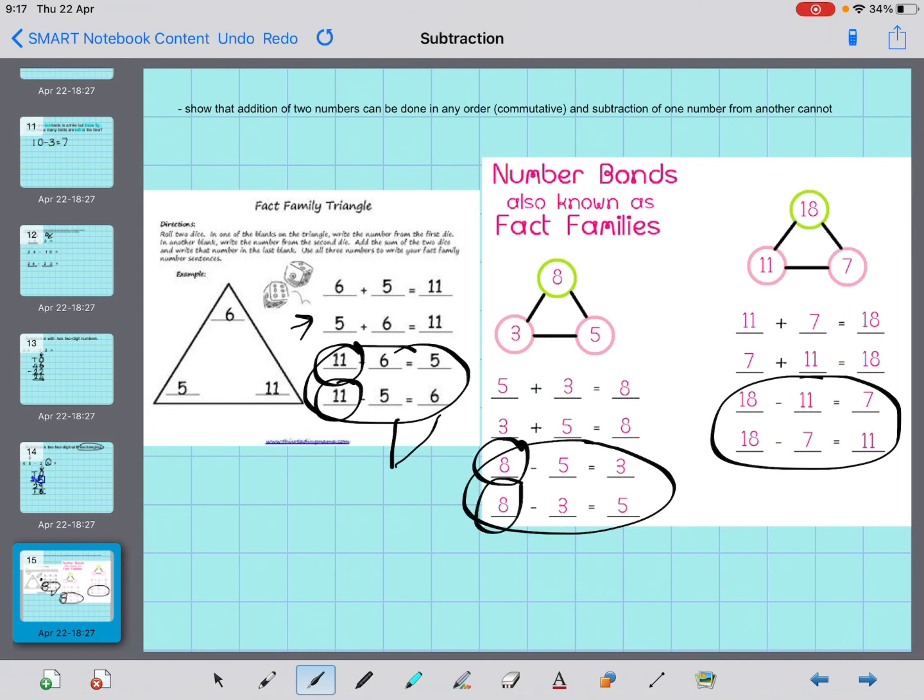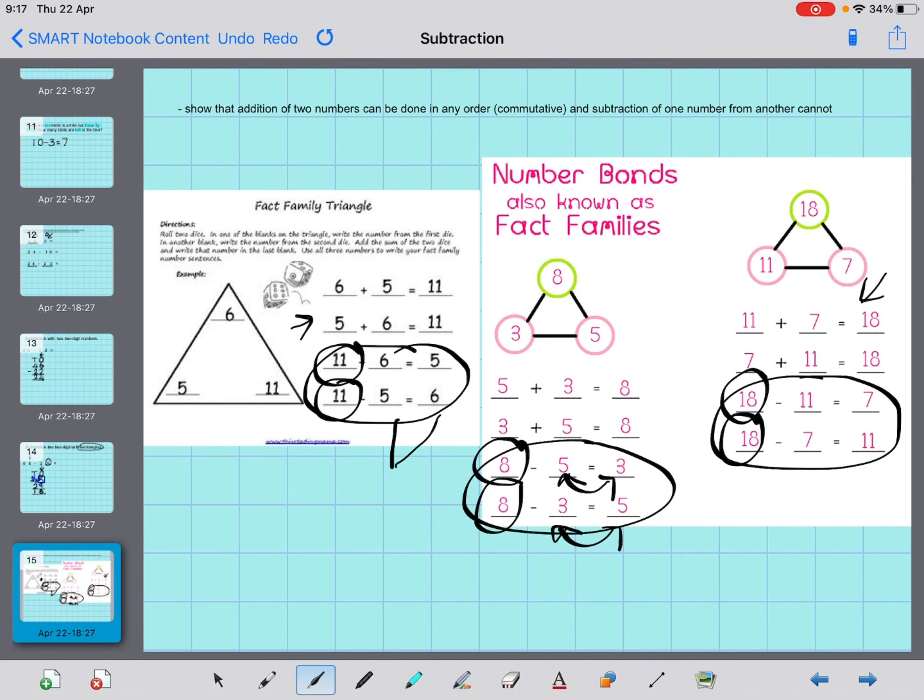This shows the same here. 5 and 3 makes 8, 3 and 5 makes 8. So when I subtract, 8 is the number that I always begin with, and I can swap over these two numbers, that doesn't matter. And the same again with the last example. My answer from my previous addition was 18.